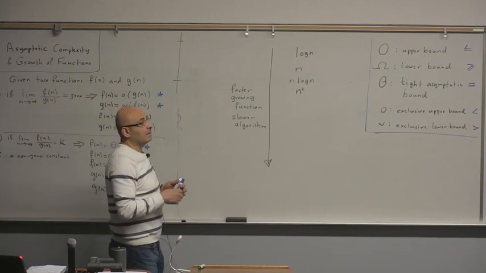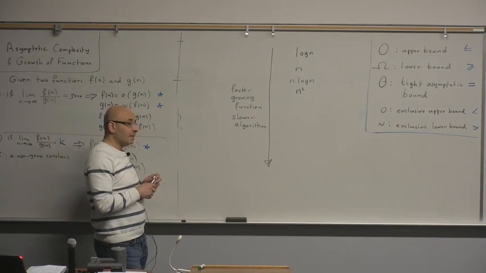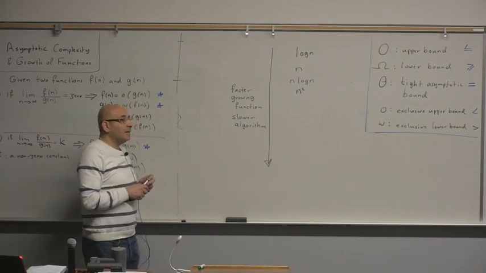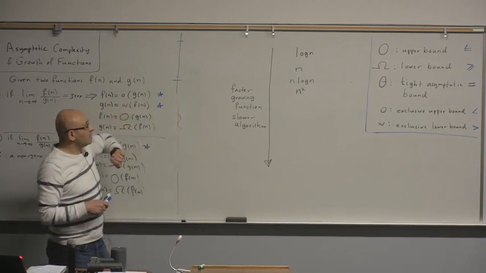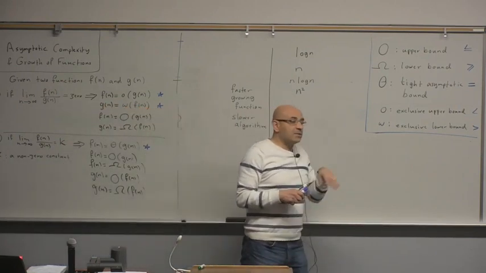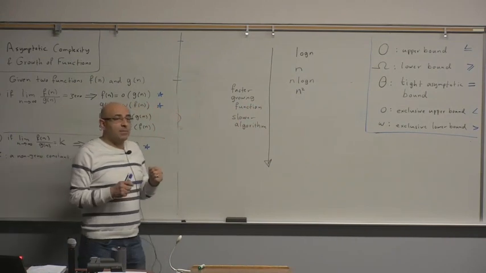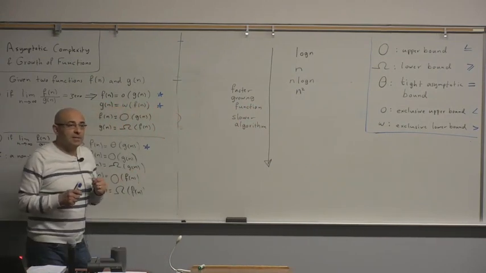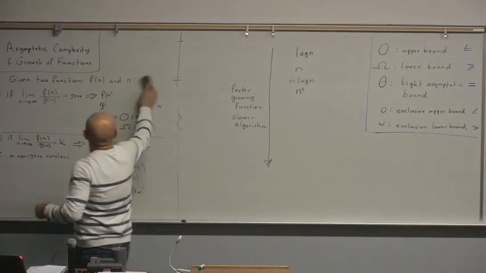Because the faster growing function is a function of the number of steps of the algorithm. So the higher order ones means it's just going to take longer. Yeah, exactly. So when we say faster growing function, we mean a function that the number of operations that this algorithm is going to perform is growing, so it's increasing. And when the number of operations increases, that means a slower algorithm.